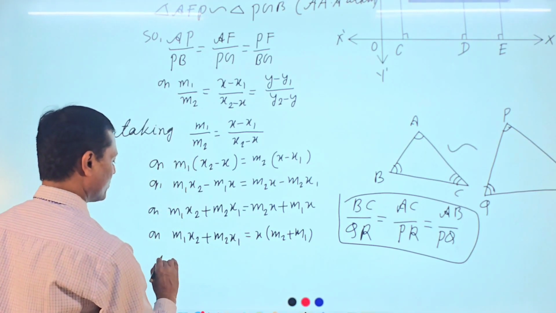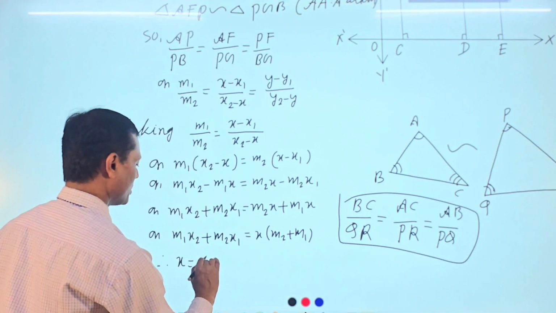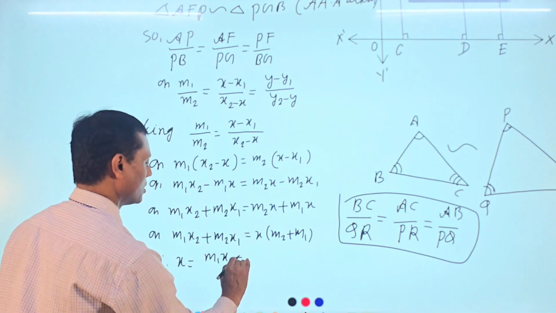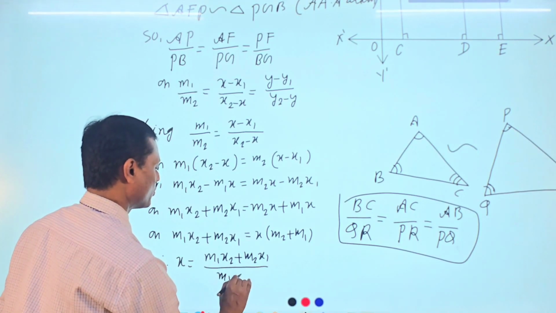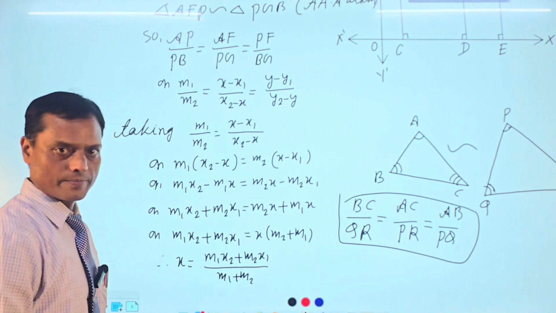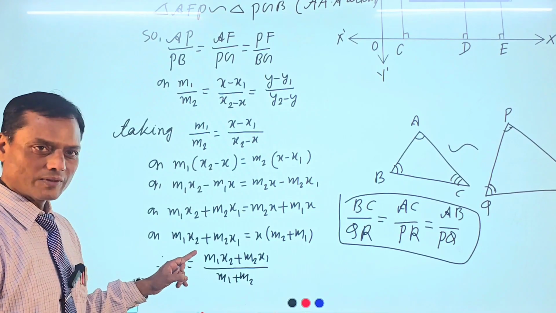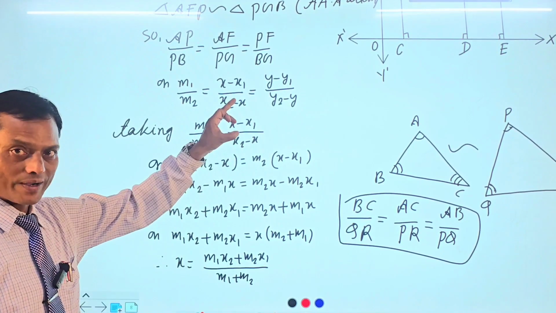So we can easily get the value of X: X equals (M1X2 plus M2X1) over (M1 plus M2). Okay, so we got the value of X, the x-coordinate of the point P.